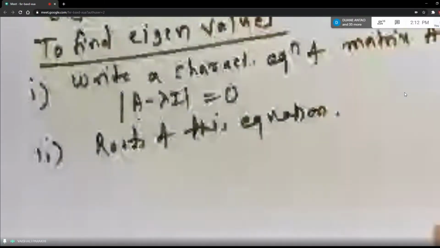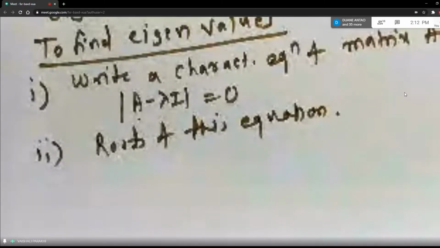And here you need the calculator. That's why I told you in the group to attend this class with the calculator. So whichever equation you get, you have to find its roots.